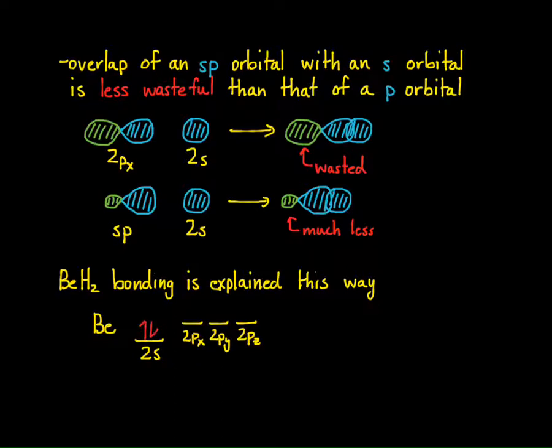So in terms of predicting any bonds forming, we would say that beryllium shouldn't form any bonds whatsoever because it has 2 electrons that are paired up, so no unpaired electrons exist.